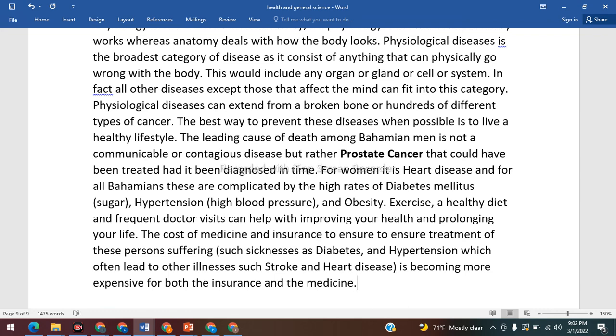So these things are becoming very expensive for the government and also for individuals. So you want to ensure that you are leading a healthy life so that it wouldn't be a burden to society, right? It wouldn't be a burden to your family members as well. Okay? So exercise, a healthy diet, and frequent doctor visits would help with improving your health and prolonging your life.